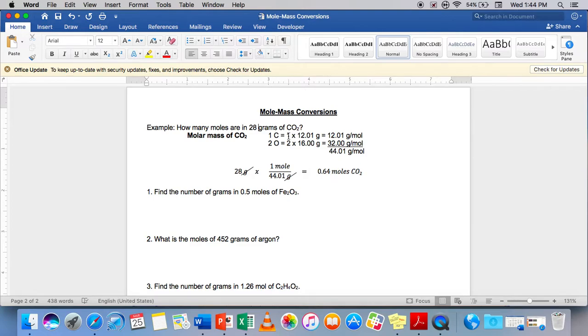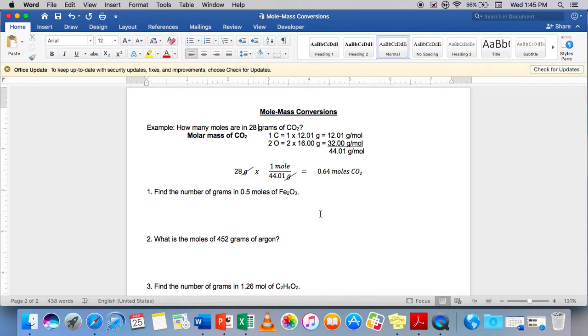So 1 carbon times 12.01 is 12.01 grams per mole. And 2 oxygens times 16 grams is 32 grams per mole. And to find the molar mass of carbon dioxide, I add up my 2 totals to get the overall molar mass, which is 44.01. So that is the number I'm going to have to use.